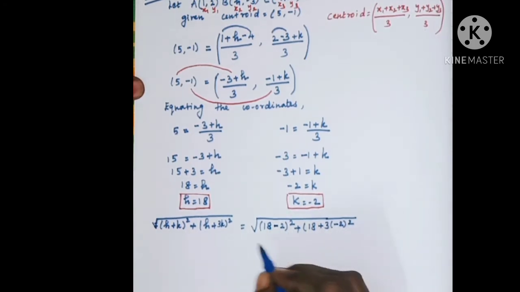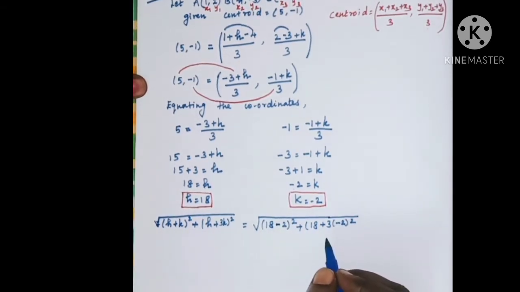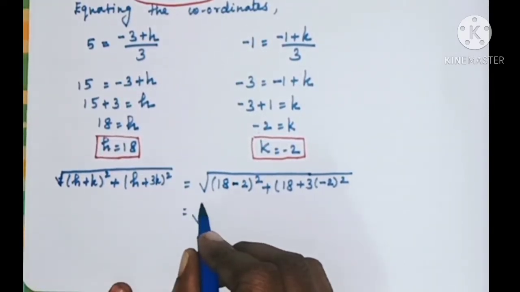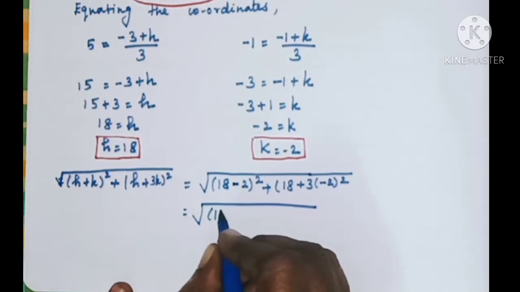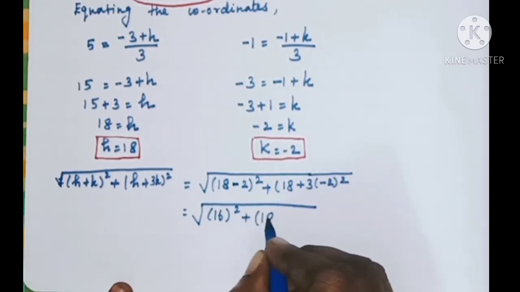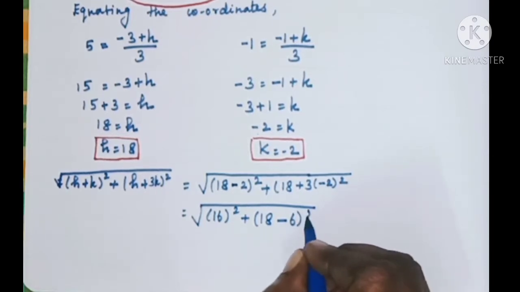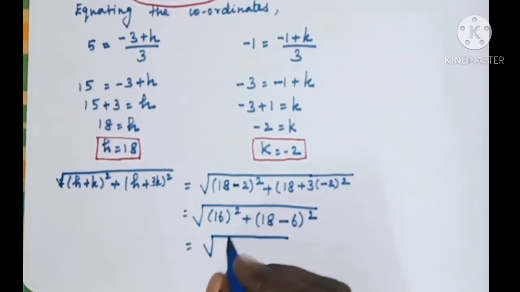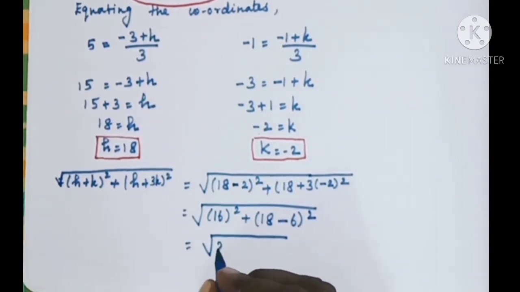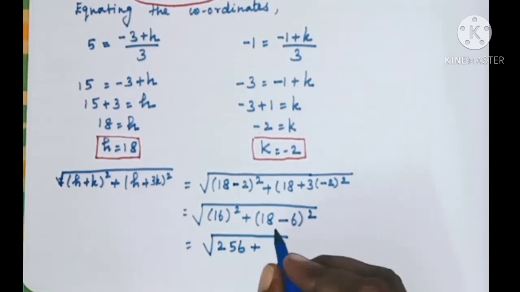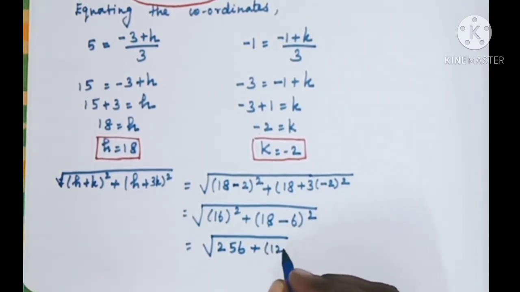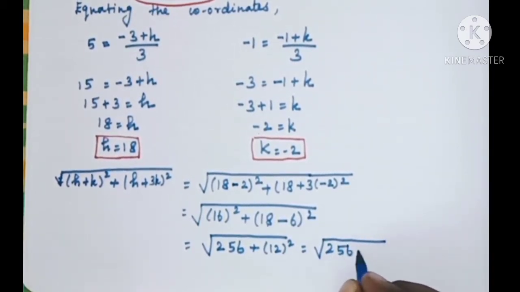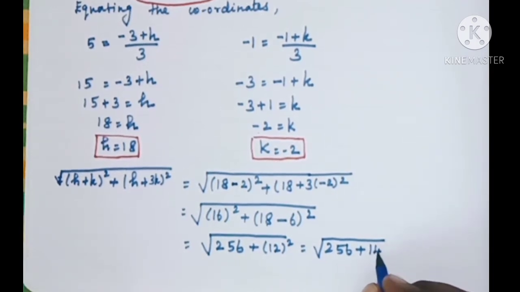Now we have to solve this equation and find the value of this square root, which is equal to the square root of (18 minus 2 is 16) the whole square plus (18 minus 3 twos are 6) the whole square, which is equal to the square root of 16 squared, which is 256, plus 18 minus 6, which is 12, 12 squared is 144.